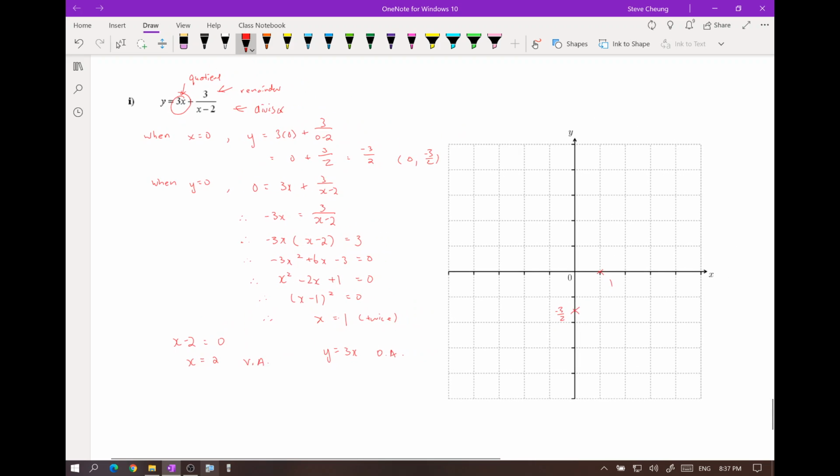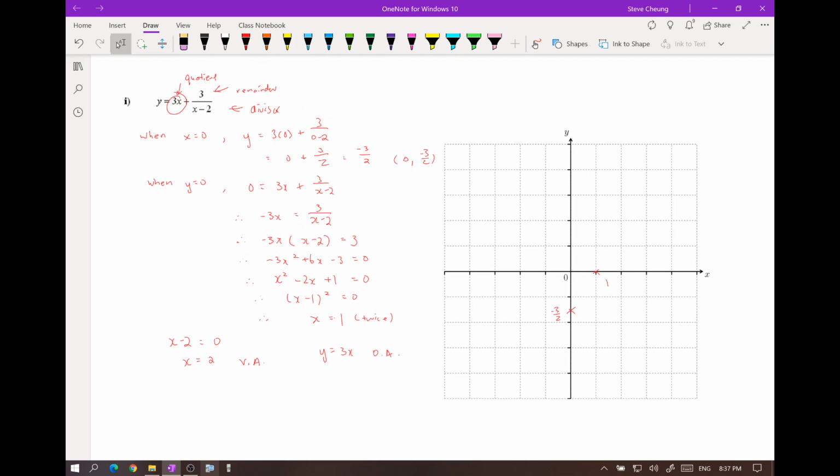I've already plotted the intercepts, and we have a vertical asymptote at x equals 2, followed by this oblique asymptote at 3x. So I can go up 3, go down 3. I think it's roughly here and roughly there. Oh no, look at the wrong point.